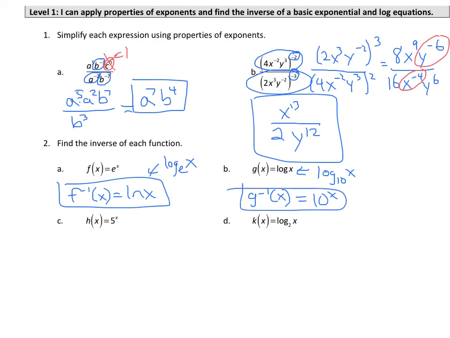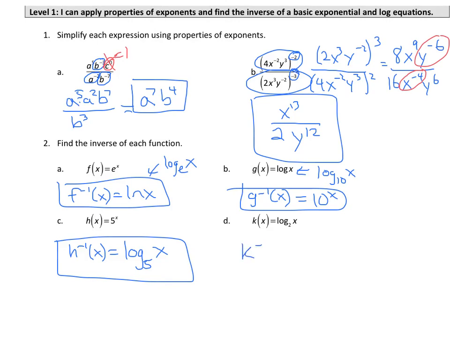The inverse of h of x is going to be a log function, and it's going to be log base 5 of x. So whatever the base is in the exponential form will be the base of the log in the inverse. And in my last example, the inverse of log base 2 of x is going to be the exponential equation 2 to the x.